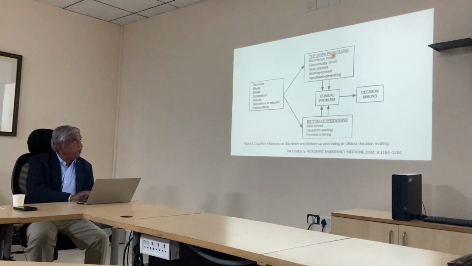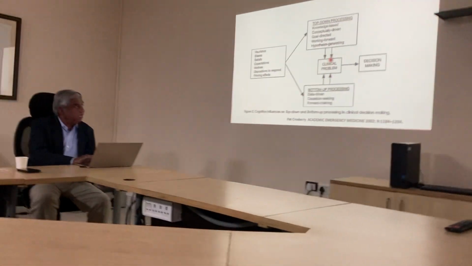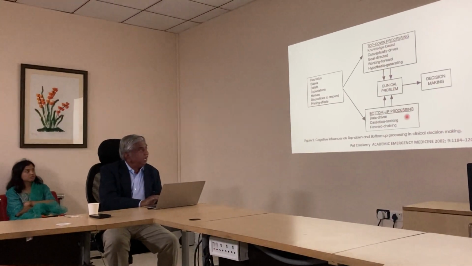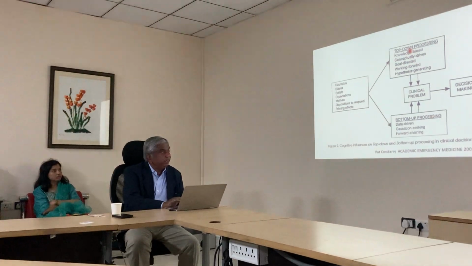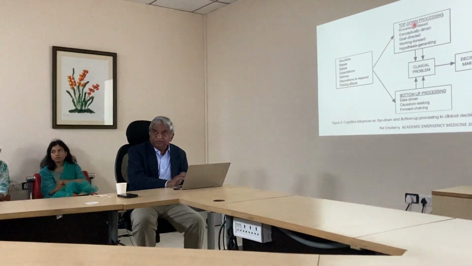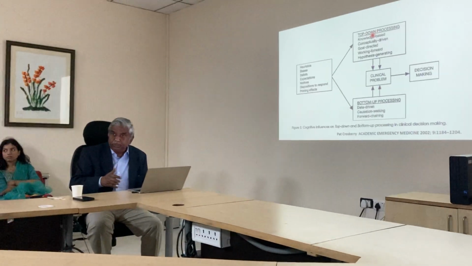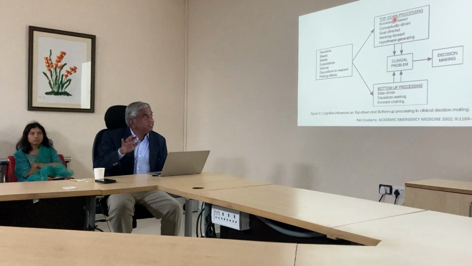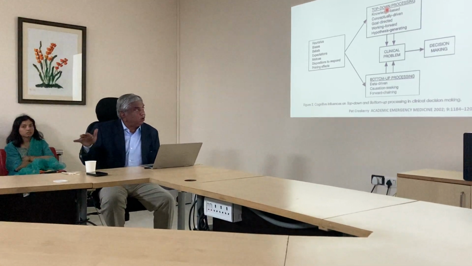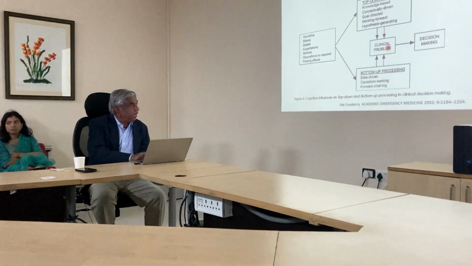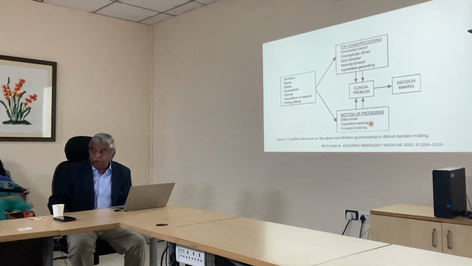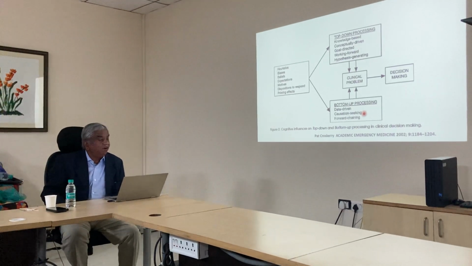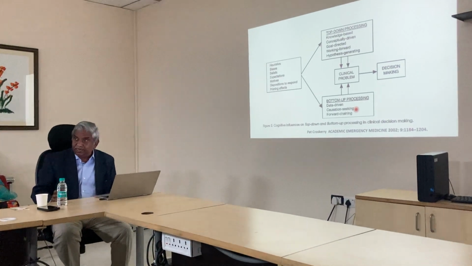So usually what we do is, a clinical problem can be assessed in two ways. One is top-down processing, just like what I initially showed you: history, chief clinical findings, then tests, and then go forward. Most of the time nowadays we do what is called bottom-up processing, where we already have the data.